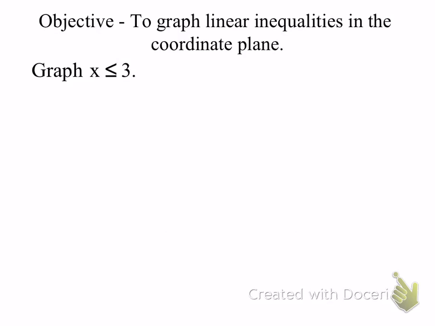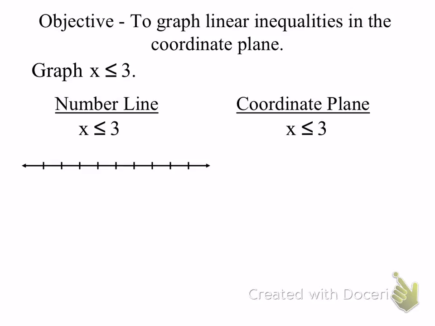All right. When given the inequality x is less than or equal to 3, and we put that on the number line, how would I go about graphing that? Kate? It would be a solid dot starting at 3.